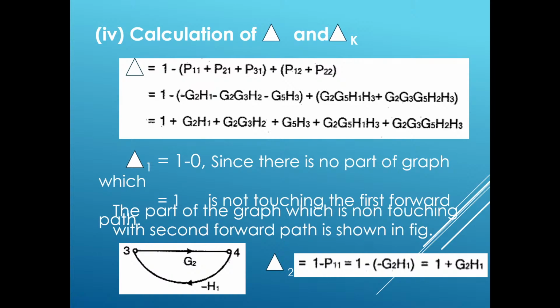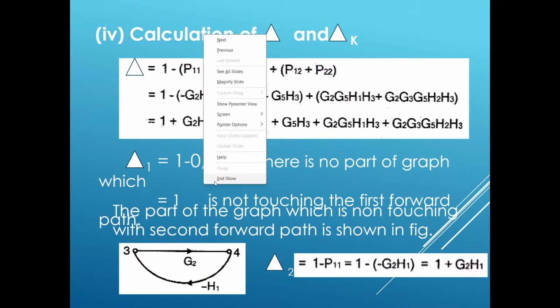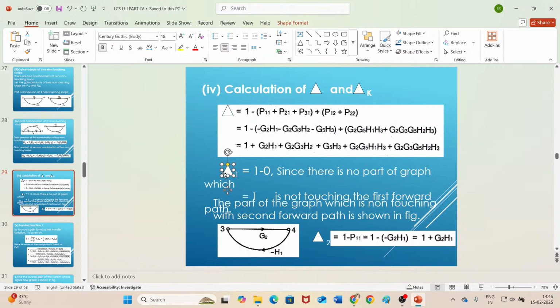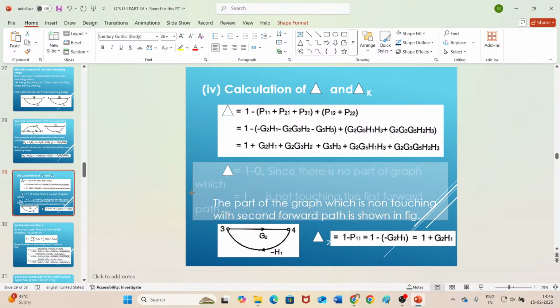Now we have determined the delta. Now let us determine what K is. K is the number of forward paths.